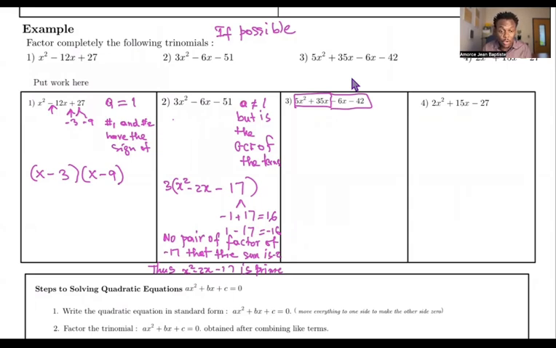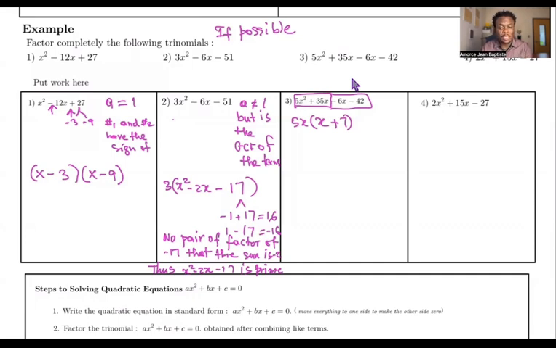What's the GCF of the first group, 5x squared plus 35x? The GCF is 5x. So when I factor 5x out, I divide each term by 5x. 5x squared divided by 5x is x, and 35x divided by 5x is plus 7. So x plus 7.